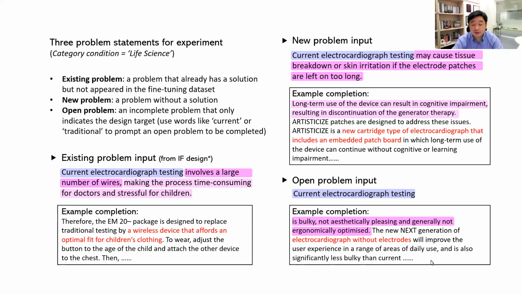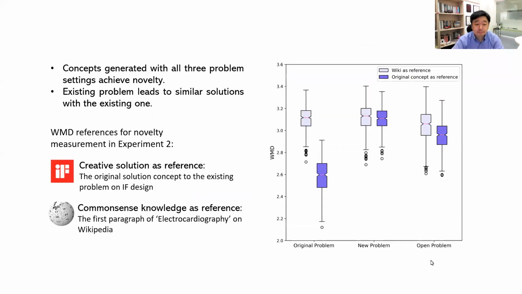In the third case, we just use the open design context, ECG, as the problem input to allow the GPT model to generate open-ended design concepts related to ECG testing. In our results, the AI-generated concepts all exhibit novelty to different degrees.